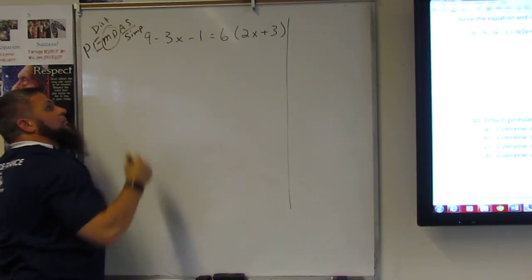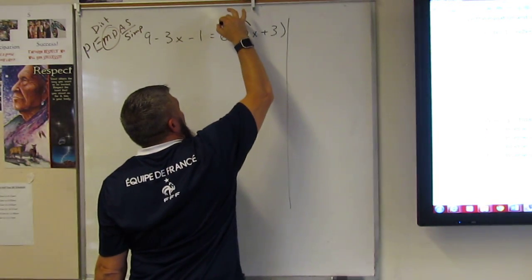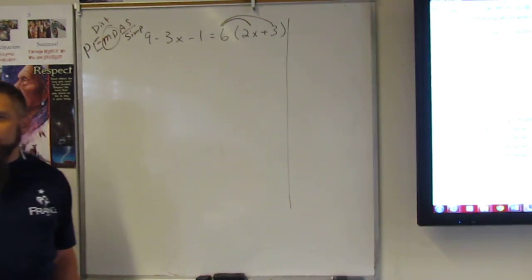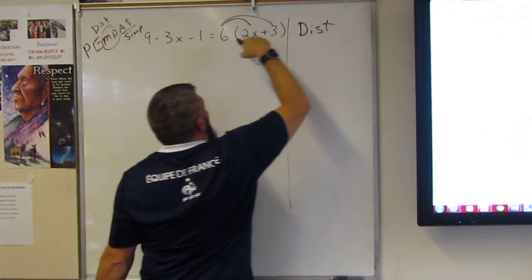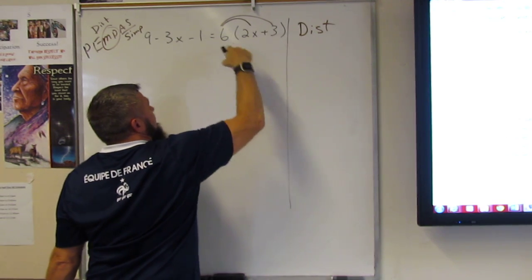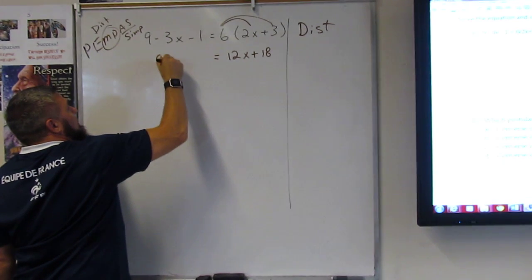Simplification. Okay? So what I would do first is distribution. So 6 times 2 is 12x, and 6 times 3 is 18.